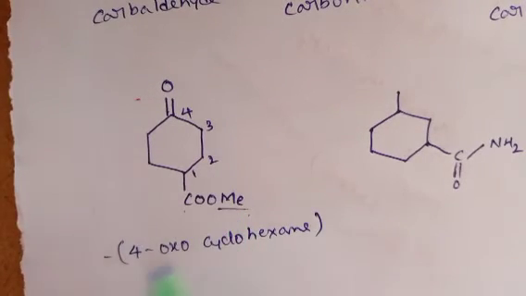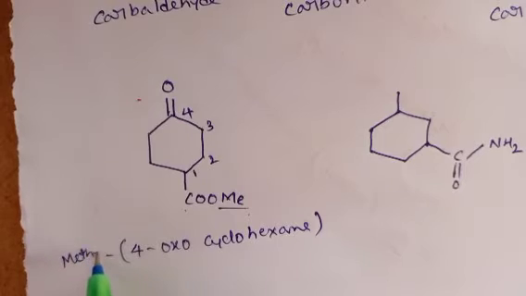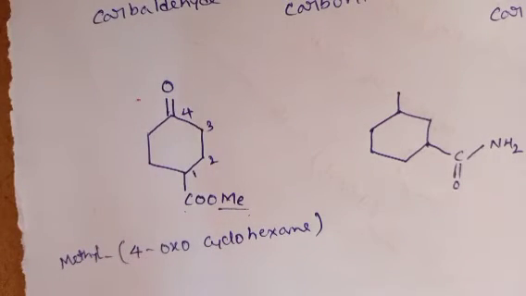Before this, write methyl 4-oxocyclohexane, right? Cyclohexane carboxylate ester. If directly attached like this, the suffix name is carboxylate.